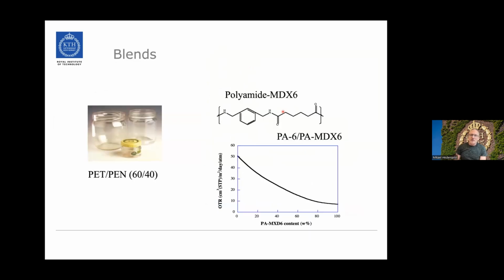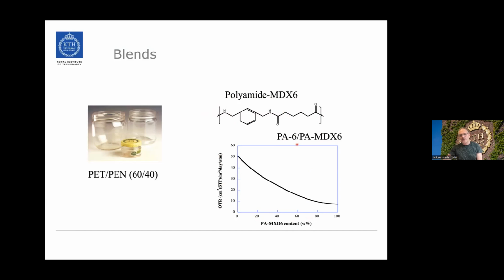You can produce blends. This is a blend of PET and PEN, and by blending these, you can actually steer the mobility and the glass transition. Here is oxygen permeability on the y-axis as a function of this monomer.